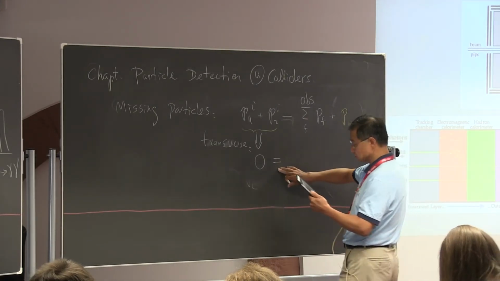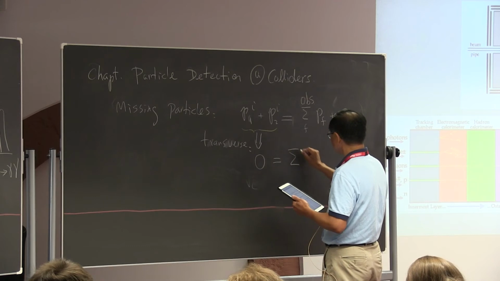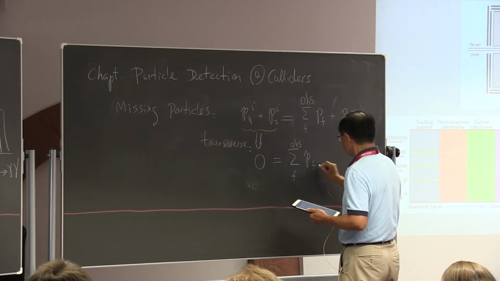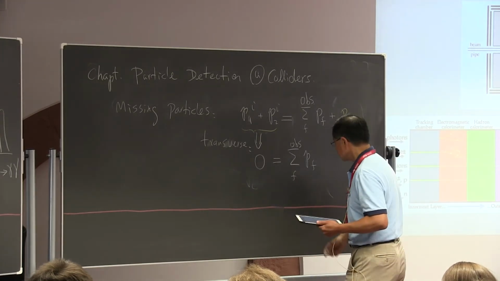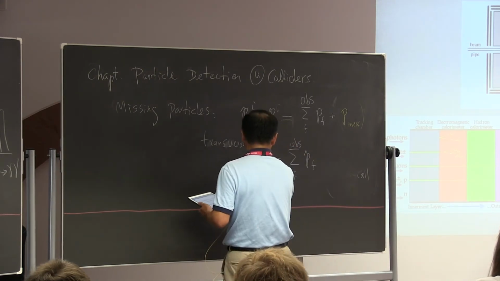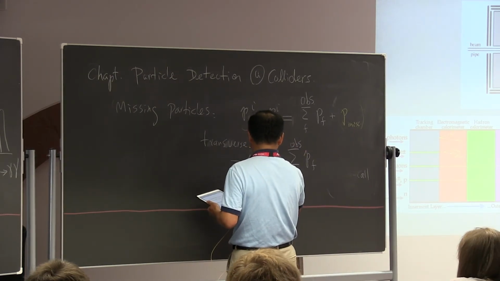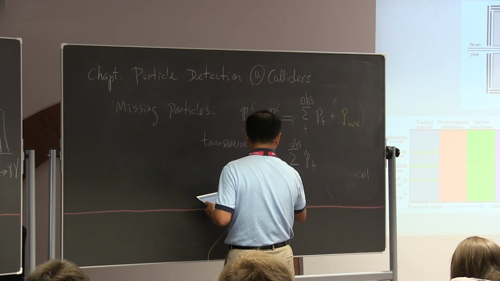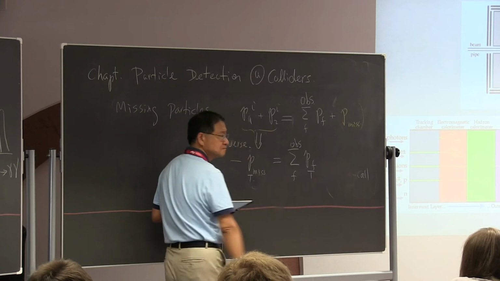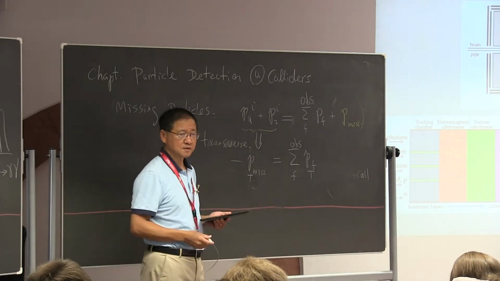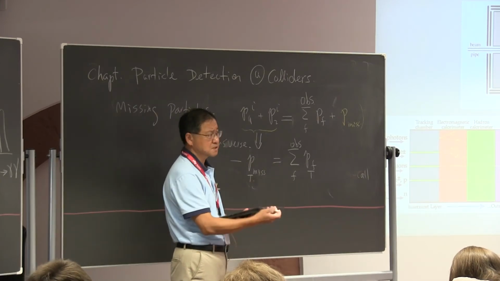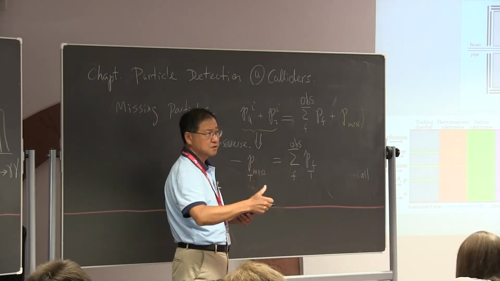So it tells you that the observable particles, when you collect them all, will be equal to the missing particles in the transverse direction. This is only momentum, only momentum in the transverse components, which basically means x and y.